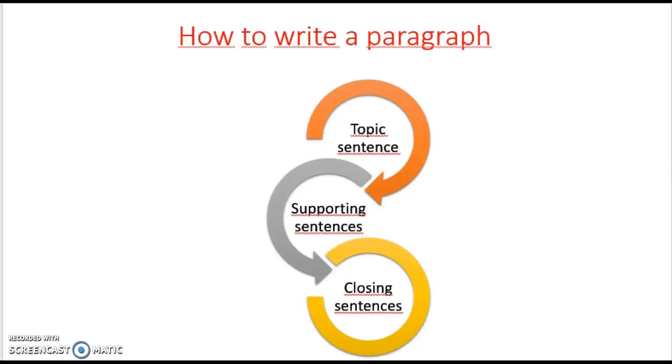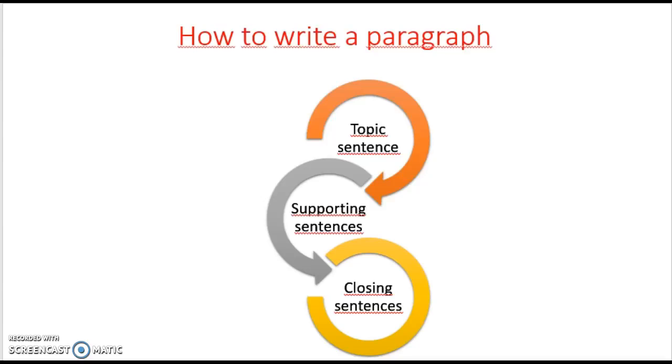So, in the first part of how to grade an essay, let's have a look at the structure of a paragraph. You can see that the paragraph has three kinds of sentences: topic sentence, supporting sentences, and closing sentences. The topic sentence is the first sentence in the paragraph and introduces the main idea.